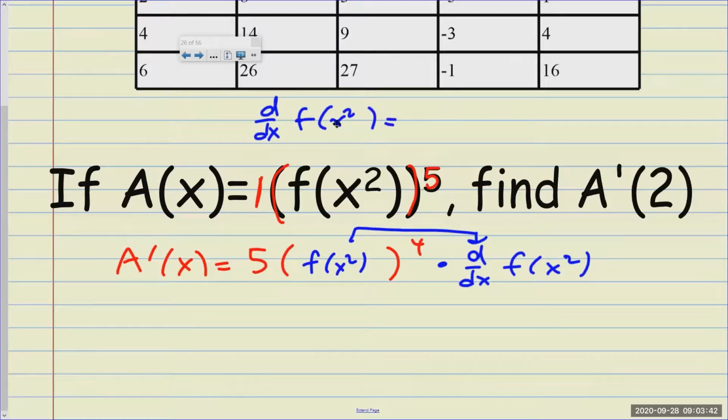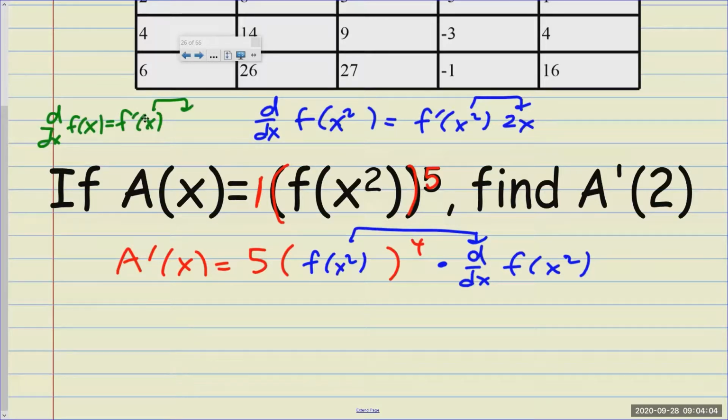That's going to be chain rule. It's going to be the derivative of the outside. Leave the inside alone, then guess what you have to multiply by? The derivative of the inside. When I asked you what the derivative of f was, it was a little bit of a trick question because it's the derivative of the outside. Leave the inside alone, but then take the derivative of x.